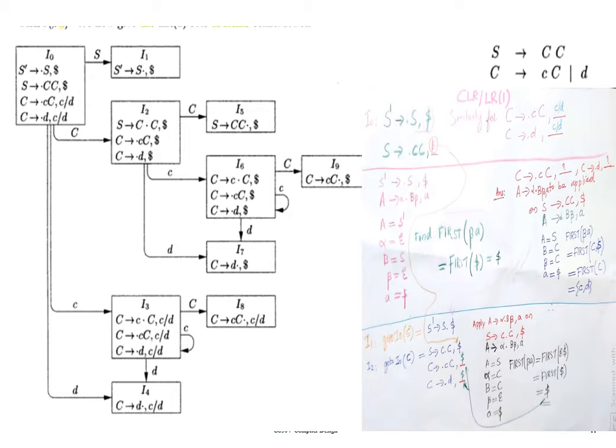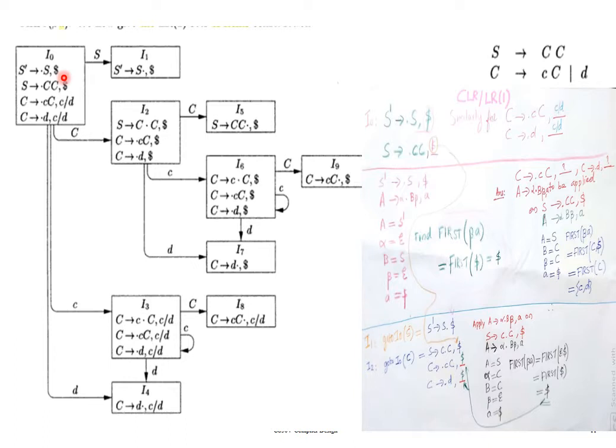This slide shows the construction of the LR1 items. Initially I0 is to be built, that is S dash gives dot S comma dollar, which by default we have to add as the first item, and dollar is the default look ahead symbol.